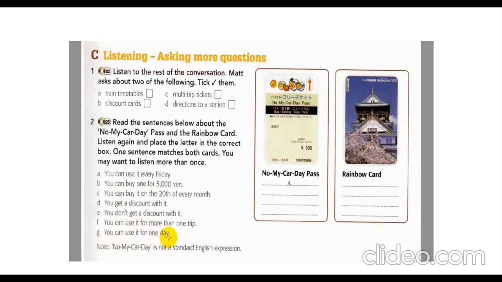Read these statements more than one time. Pay attention to them. Keep them in your mind, and when you listen to the audio, try to catch these statements. Now, let us go to the audio and listen to it.